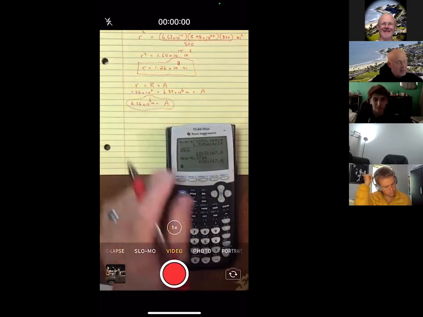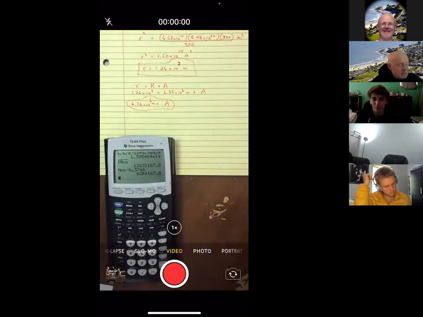So about, oh, interesting. It's about 1 Earth's radii. So that's pretty high. That's much higher than a near Earth orbit, but not nearly as high as a geosynchronous orbit.